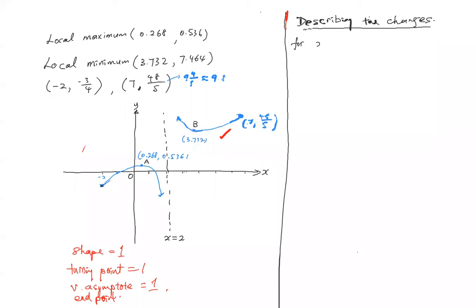For x, okay, less than or equal to 0.268. Okay, so can you please tell me the graph go like that, correct?